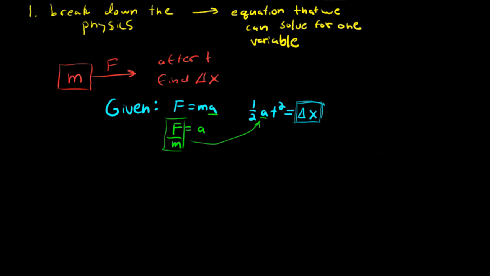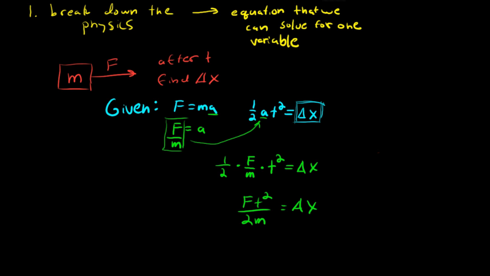So now we have 1/2 times F over m times t squared equals delta x. So this is basically our formula. More simply, it's just F t squared over 2m equals delta x.